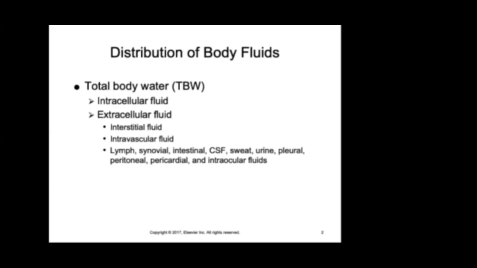Total body water includes intracellular fluid and extracellular fluid. The intracellular fluid is the fluid contained inside the cells and makes up a large portion of the cytoplasm. The extracellular fluid is outside the cell. So that could be intravascular fluid, synovial fluid, cerebrospinal fluid, sweat, urine, pleural, peritoneal, pericardial, and intraocular fluids.